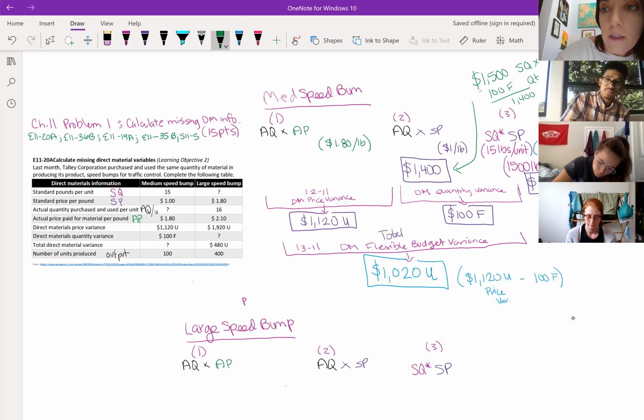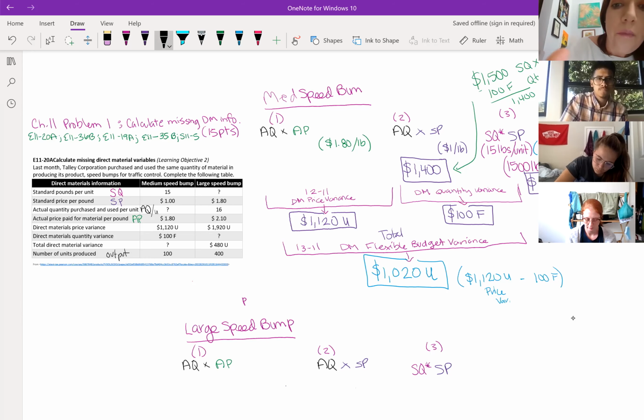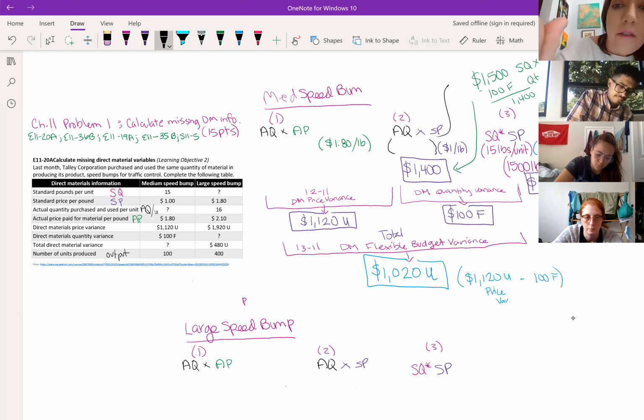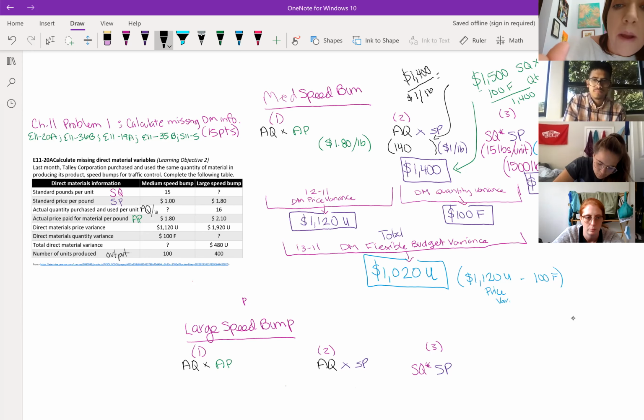We used less than we should have, so our actual quantity is going to be less. How do I figure out the actual quantity, the AQ? 1,400 divided by $1 per pound. Correct. So the actual quantity is going to be 1,400 pounds.